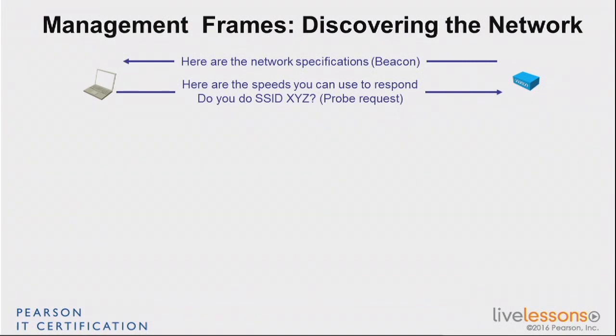When you send a probe request, you say, this is the SSID I'm looking for, do you do it? And the only other thing you need to say is, by the way, I support these protocols, I support these speeds. These are the speeds you can use to talk back to me if you want to reply. So when you reply with a probe response, of course you're going to use one of these speeds, but you're also going to repeat network specifications.